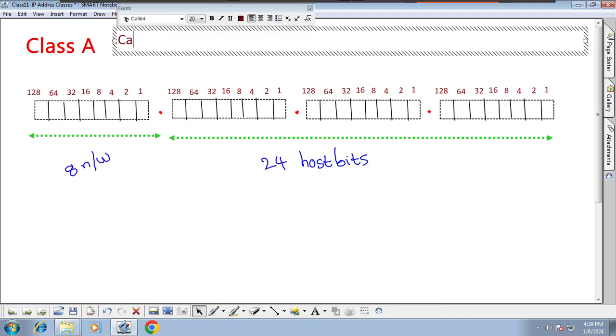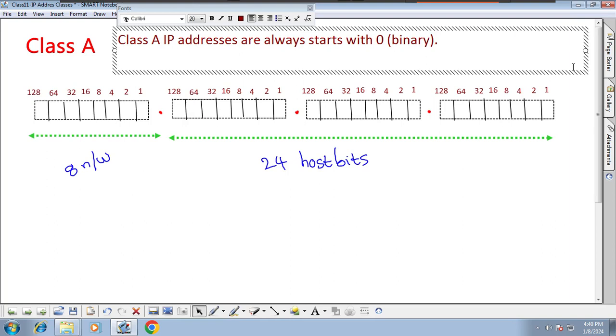Class A IP addresses always start with 0, which means in binary, the first octet, first bit is set to 0.